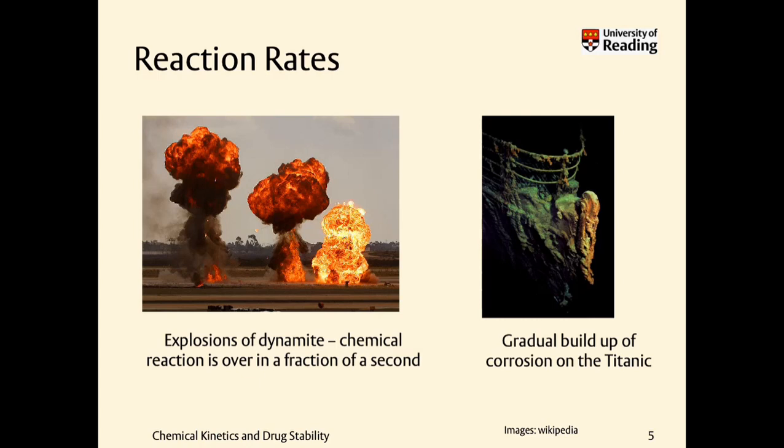Or you can have corrosion on a shipwreck, an extremely slow reaction that takes years and years for the build-up of material and the corrosion of the metal or the wood that is within the ship. So these are 2 extremes, but our reactions will also have a rate that will determine some of the parameters of that reaction.